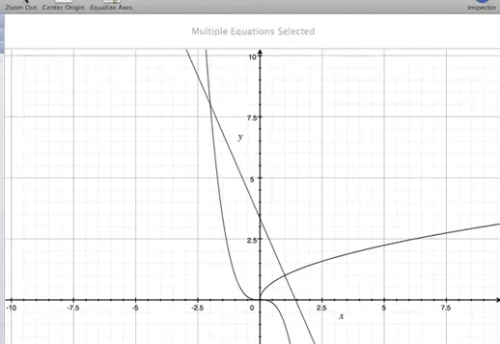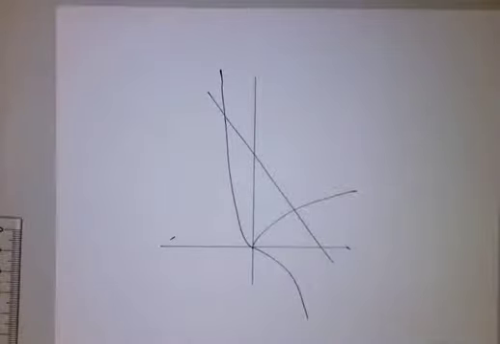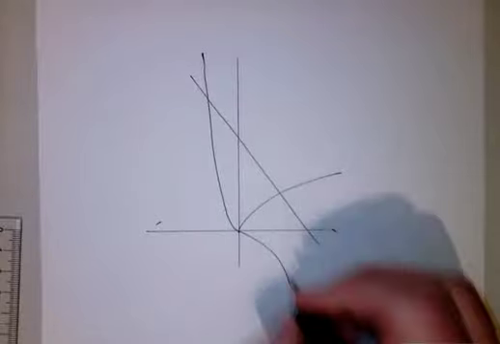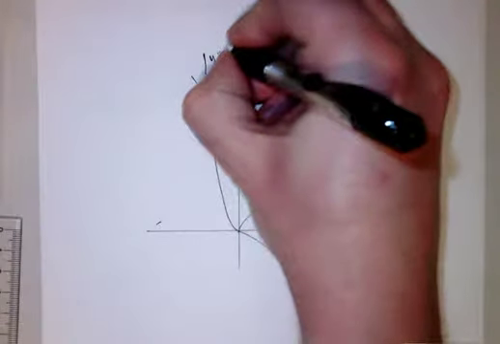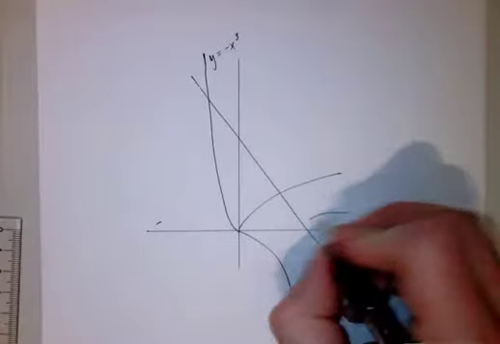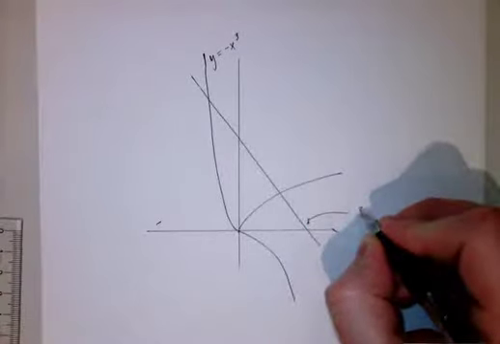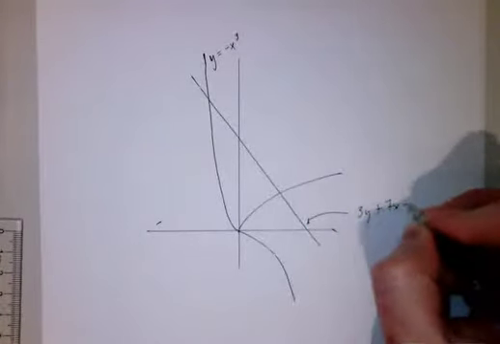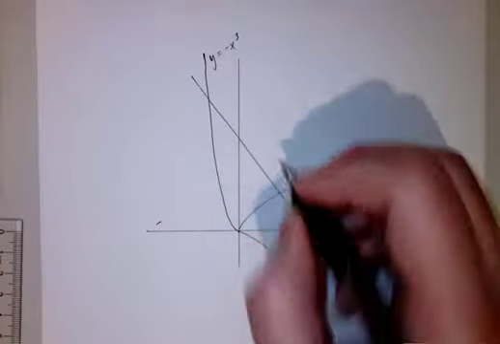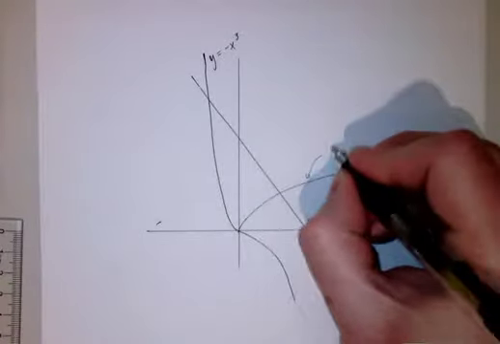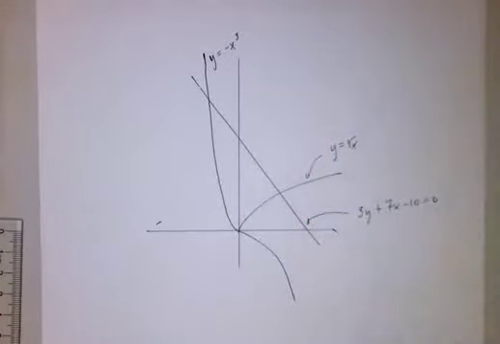Okay, and this is going to look horrible, but you're going to get the idea, okay? This is the y is equal to negative x cubed. This right here is the linear, which was 3y plus 7x minus 10 is equal to 0. This right here is the y is equal to the square root of x.